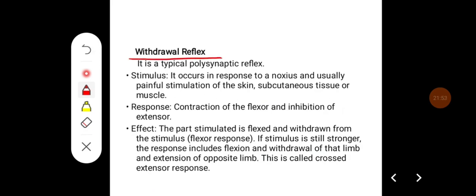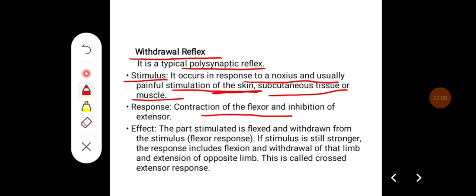Withdrawal reflex is a typical polysynaptic reflex. The stimulus here occurs in response to noxious and usually painful stimulation of the skin, subcutaneous tissue or muscle, and the response seen is contraction of the flexor and inhibition of the extensor.